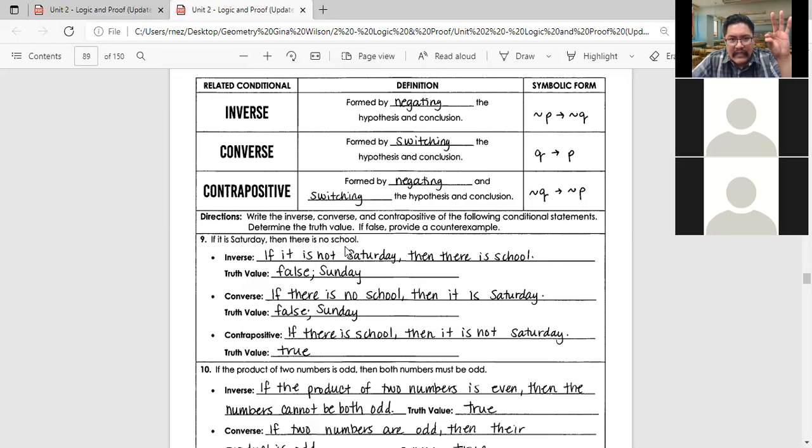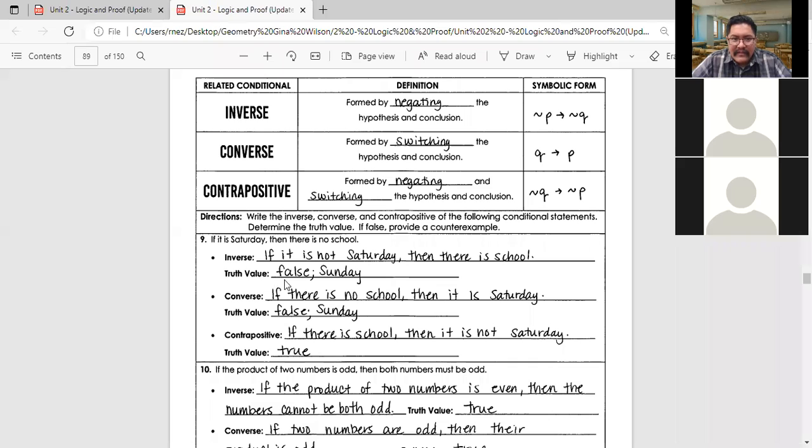So when you take the inverse of that statement, you have to change it so that there's no more no. Now it says there is school. So that would be the inverse. You have to reverse both statements, either by putting in a no or not, or removing it. All right, so hopefully that makes sense.